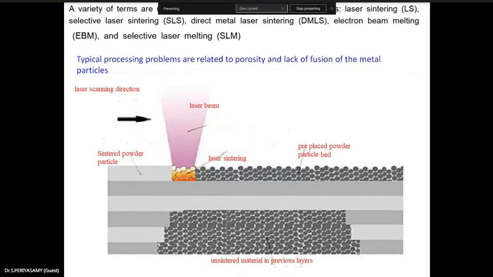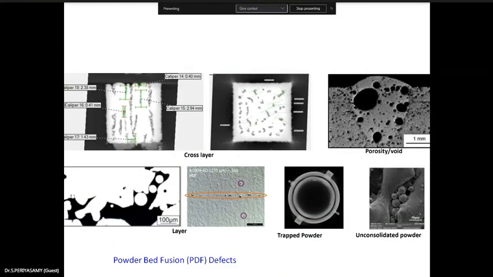So here the laser scanning direction is in this direction. Here what happens, how the directionality is there. Along this directionality you have grain growth, the directionality of grains in opposition to the heat flux.